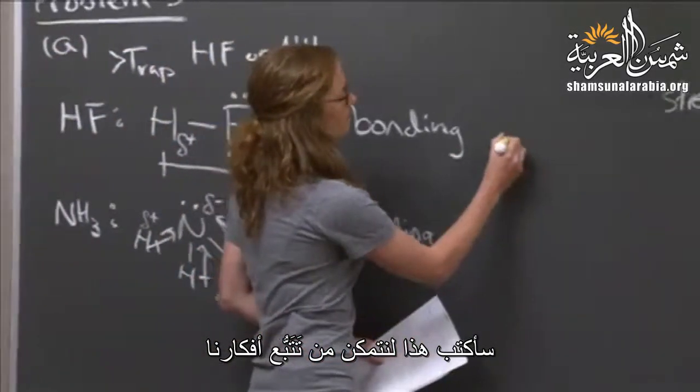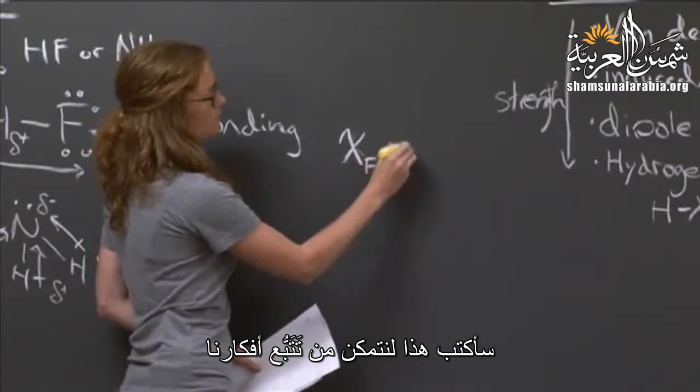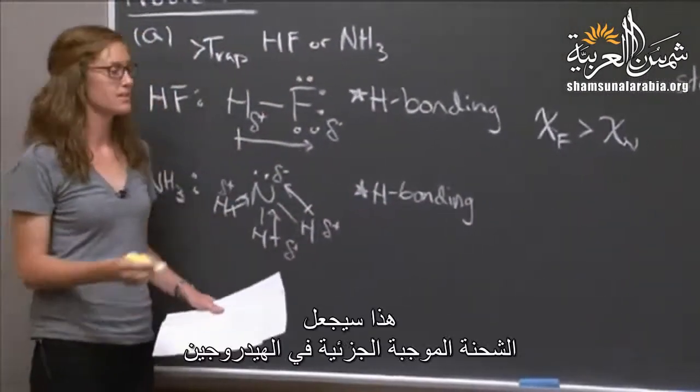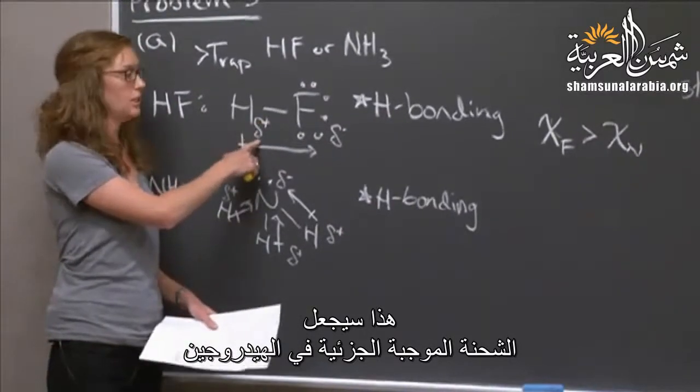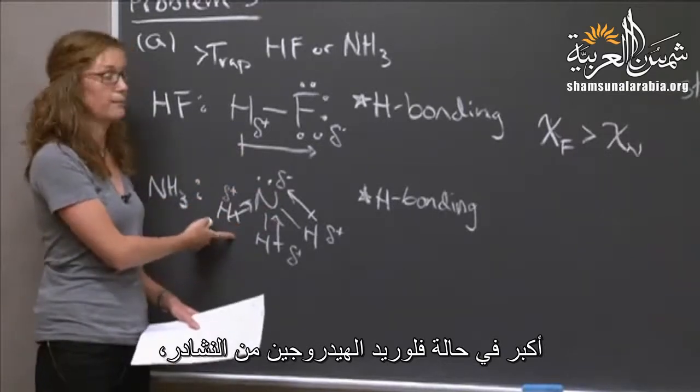So just to keep track of our thought process here, this will cause the partial positive on hydrogen to be larger in the HF than in the ammonia.